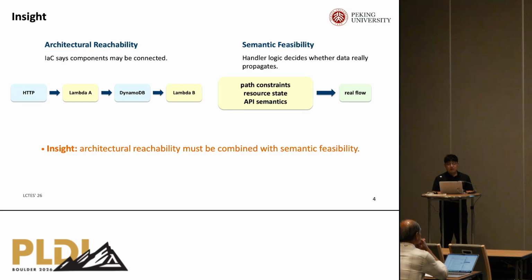They may report paths that are structurally possible but semantically infeasible, and they may miss flows that are only exposed through runtime-mediated resource interactions. In our work, we use this separation as the organizing principle. We first ask which trains are architecturally possible, and then we ask which of those trains are semantically executable.